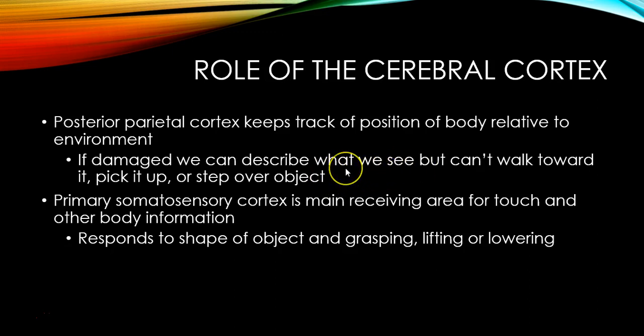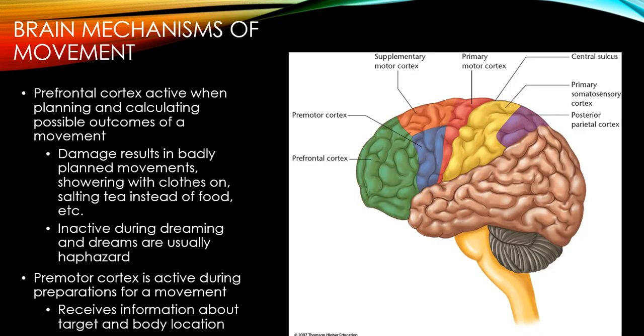It's hard to know where that object is in relation to your body. It's the parietal cortex. Primary somatosensory cortex, we talked about that in the previous lecture. That's important for touch information, and so that's really important for grasping and lifting objects. You need to be able to receive that touch information, how hard you should grasp something, what the texture of that object is, and so all of this goes together to make coordinated movements.